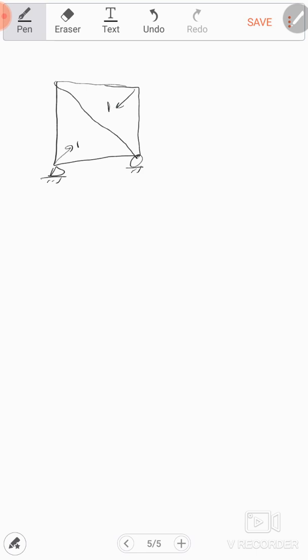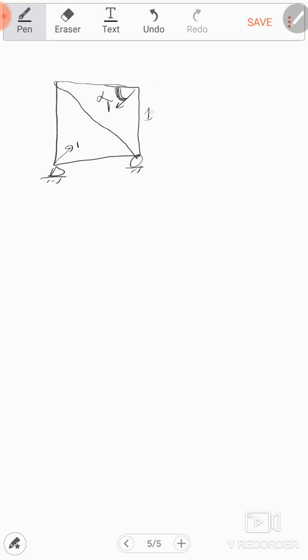Next is the release system, X system. Here we have 1 and here we have 1. So to make it easy for you, here I will assume that the angle is theta, sorry, alpha.